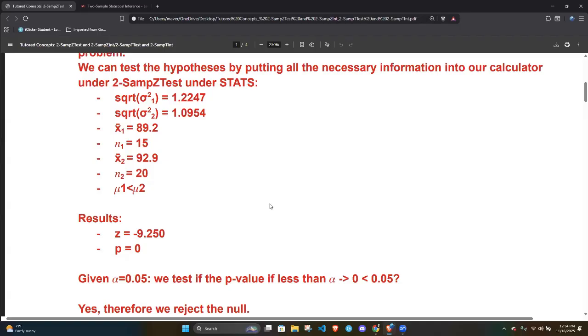Therefore, since this resulting p-value is less than the value for alpha, we can confirm that we reject the null in this case. Now, if the p-value was greater than our given alpha value of 0.05, say that our p-value was like 0.1, then we would fail to reject the null. But here in this case, we reject the null.